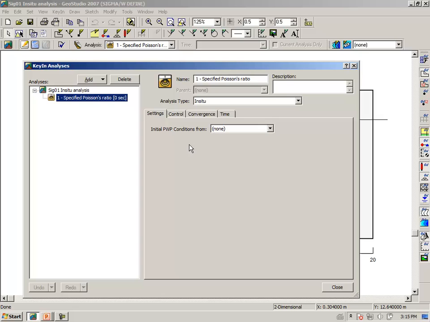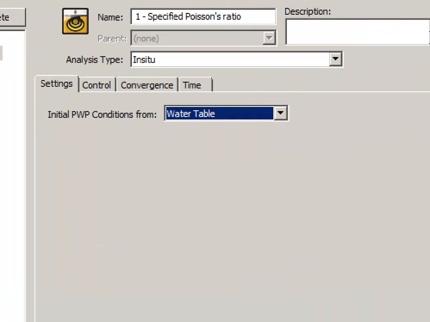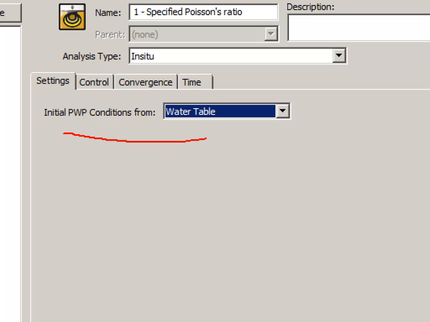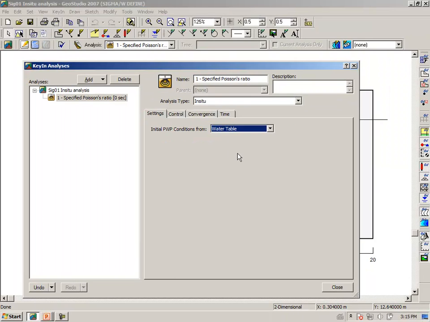In this case here, we will select that the pore water pressures come from a water table. So we are going to start with one analysis where we use a specified Poisson's ratio.